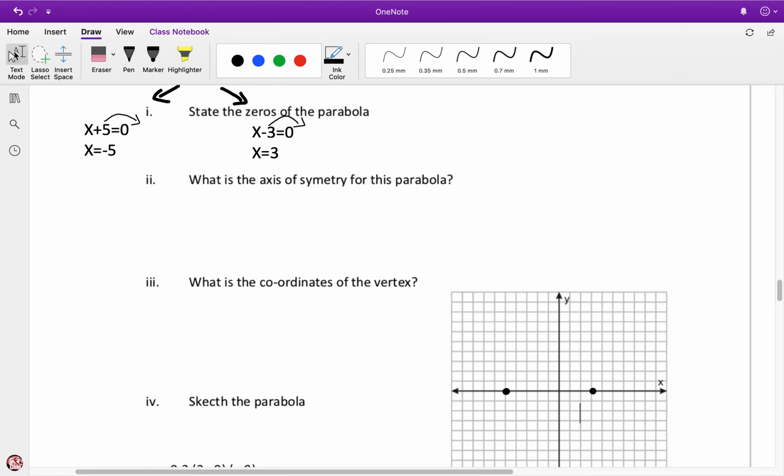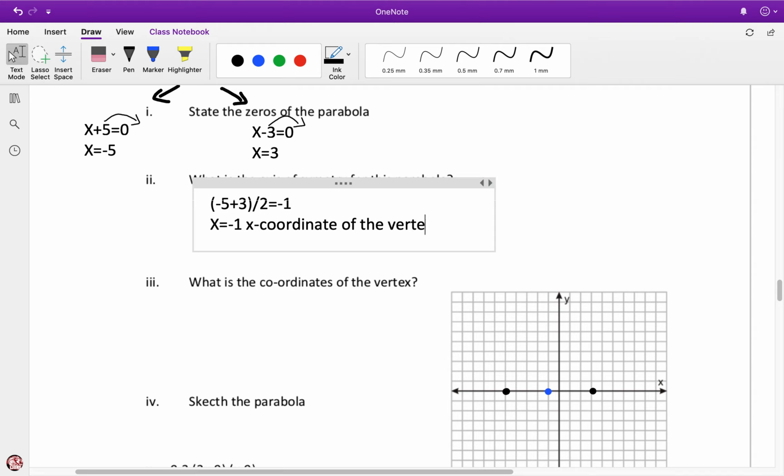Okay, so now axis of symmetry. I know my axis of symmetry is when I add these two and divide by 2. So negative 5 plus 3, and then I'm going to divide that by 2. If I do that calculation, I get negative 1. I'm going to do this in blue. So I know my axis of symmetry is right there. But the axis of symmetry is also my x-coordinate of the vertex.